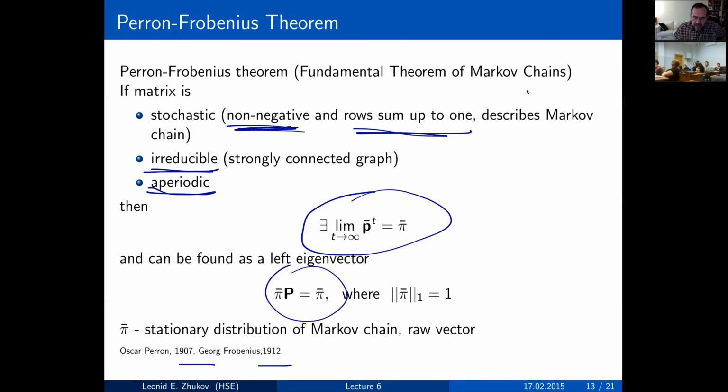Now, notice that here I use the very standard notation of Markov chain theory, with vector P being a row vector. And that's why I put here this horizontal line, just to remind you that it is a row vector. So if it's a row, it's a left eigenvector. You multiply on the transition matrix from the left.